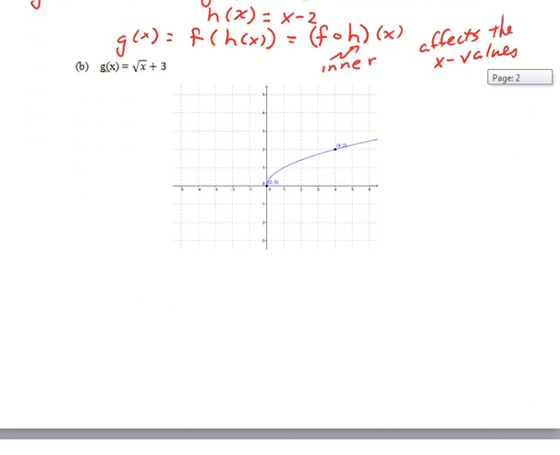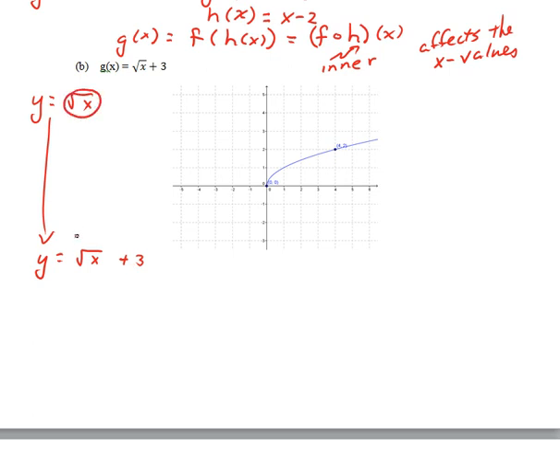In the second example, we are going to again start with y equals the square root of x, and this time we're going to graph y equals the square root of x plus 3. So the square root of x is intact this time, and this means that we're going to be moving the graph 3 up.